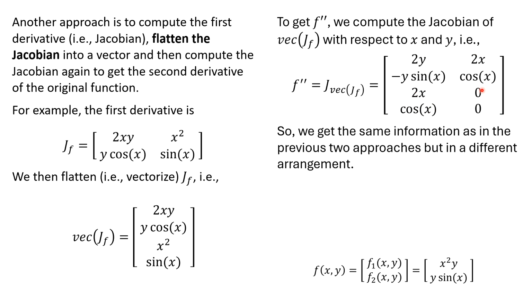Okay, so it's the same information that we got in the last two approaches. It's just jumbled up in a different arrangement. I think that the second approach seems to be the cleanest, where you just take the Hessian of each function and then you can just line them up in a row and have your second derivative.